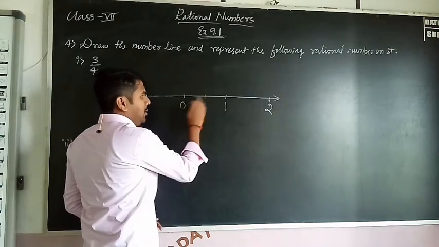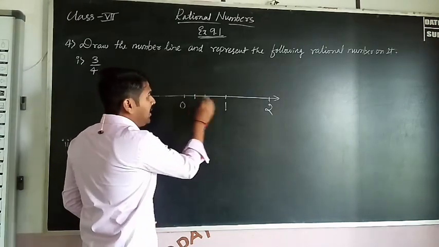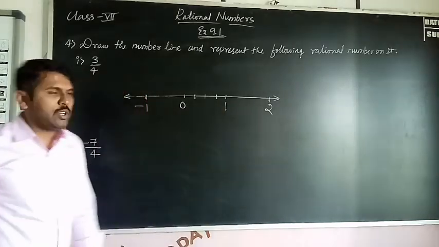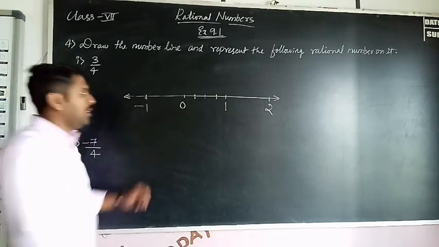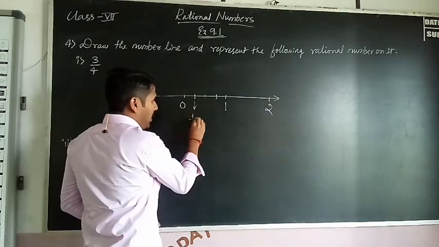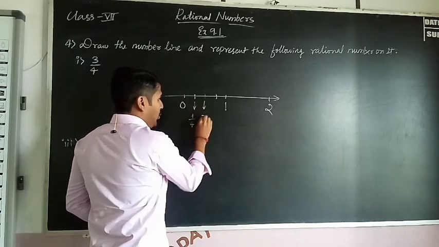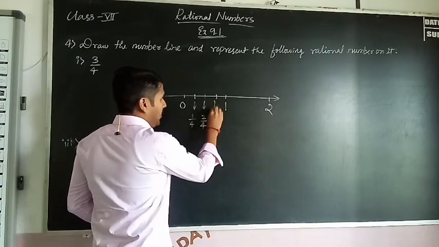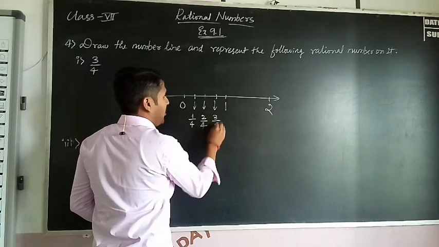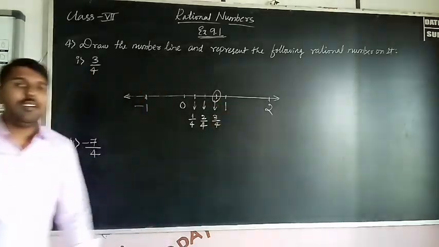So first 0 by 4, then 1 by 4, 2 by 4, and this one is 3 by 4.